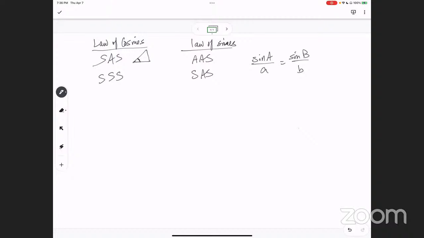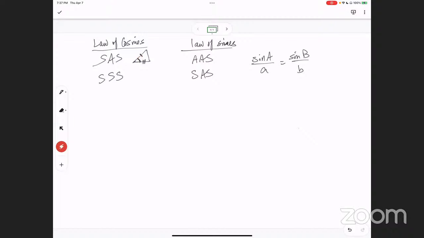Like this. If you're given this angle and this side, then you can't use the law of sines because you don't have an angle across from the side to use. It's not really because of SOHCAHTOA. You just can't.